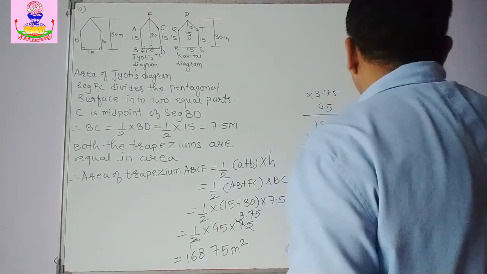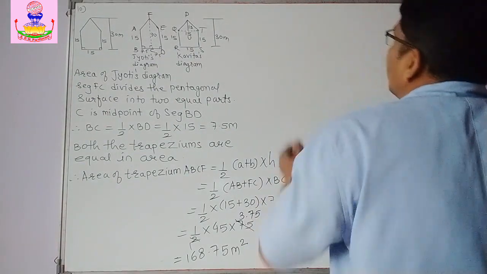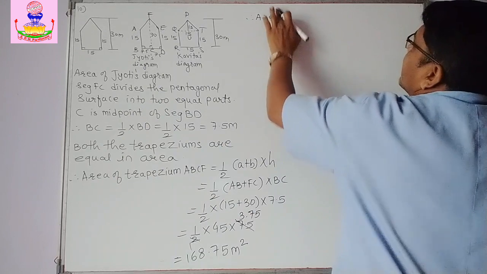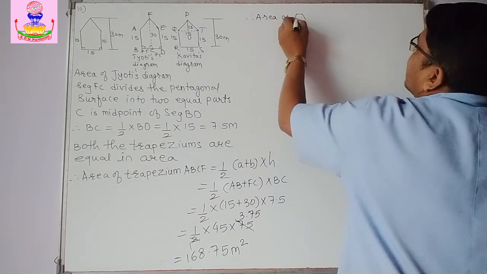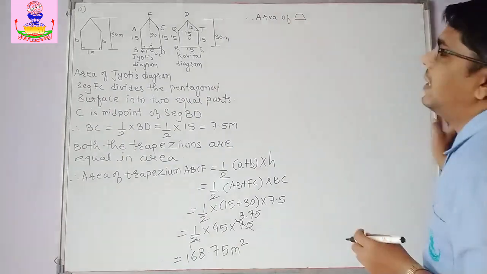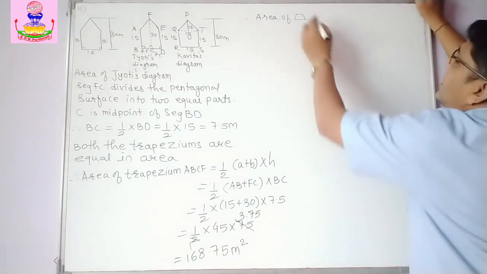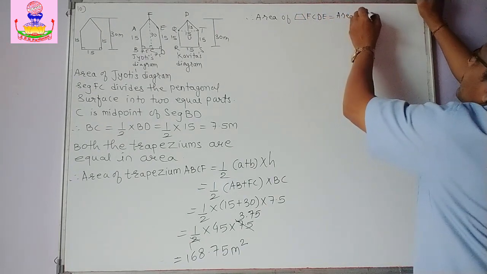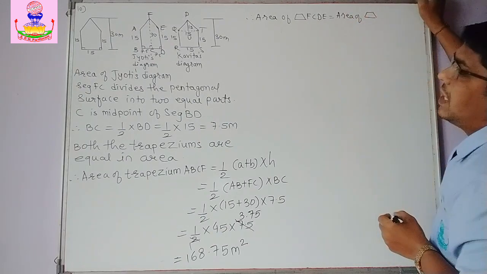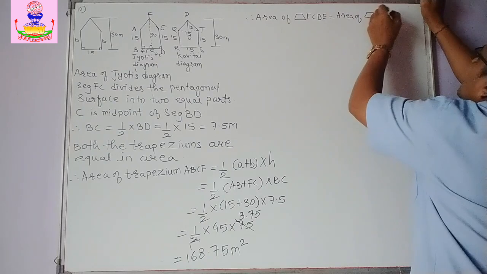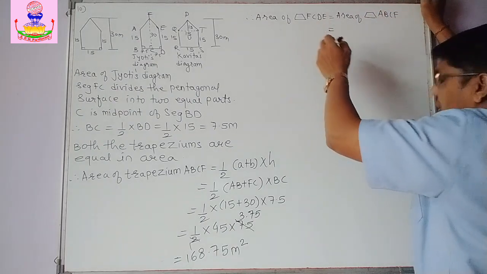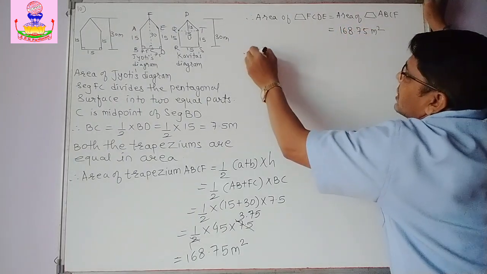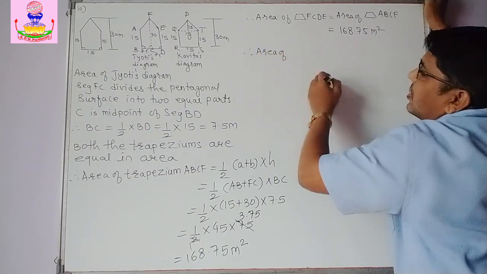Now the area of the second trapezium is also going to be the same. So here we will say area of trapezium FCDE is equal to area of trapezium ABCF, and how much is it? 168.75 meters square.